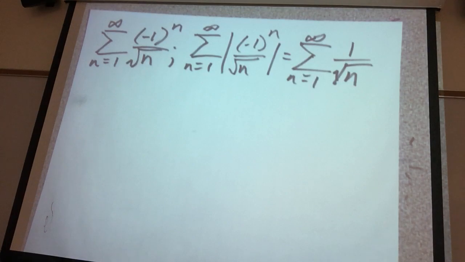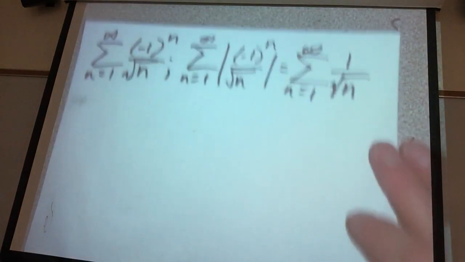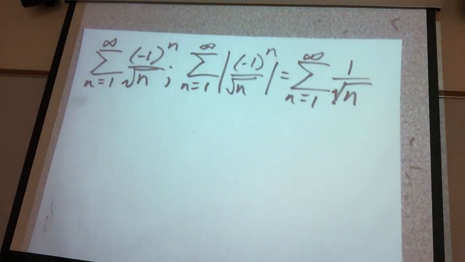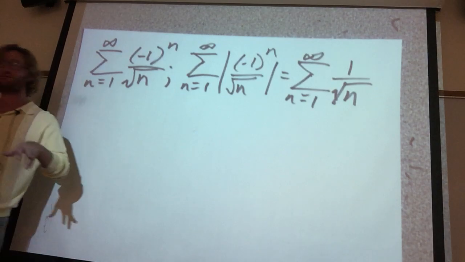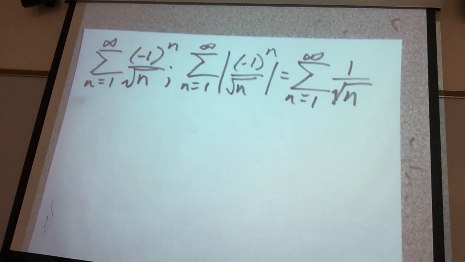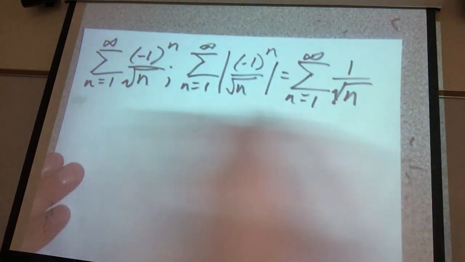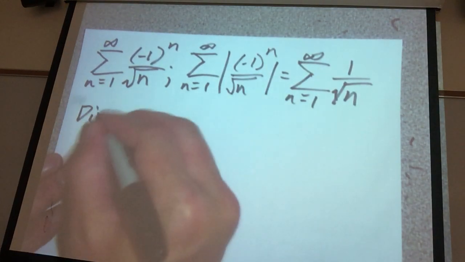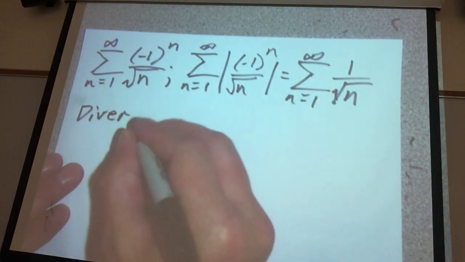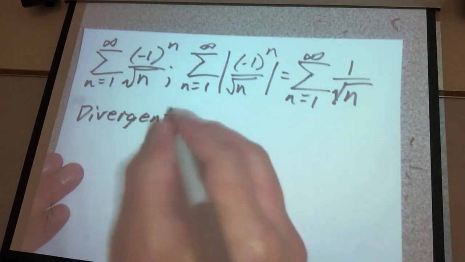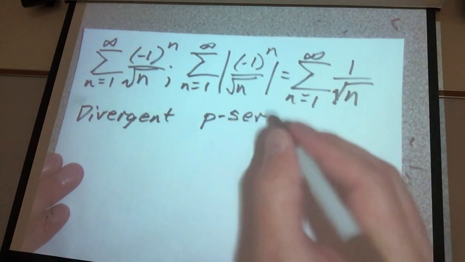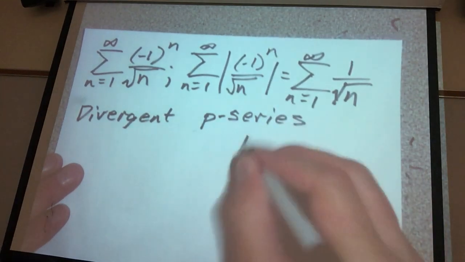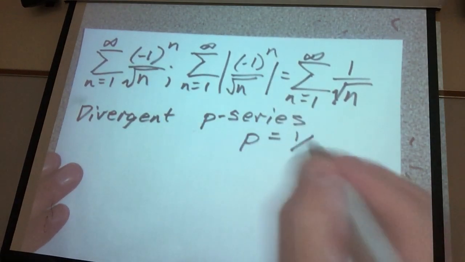Okay. Now, the sum n equals 1 to infinity of 1 divided by the square root of n is a p-series like our previous problem, but this is a divergent p-series, okay? So, that's a divergent p-series because p is going to equal 1/2.